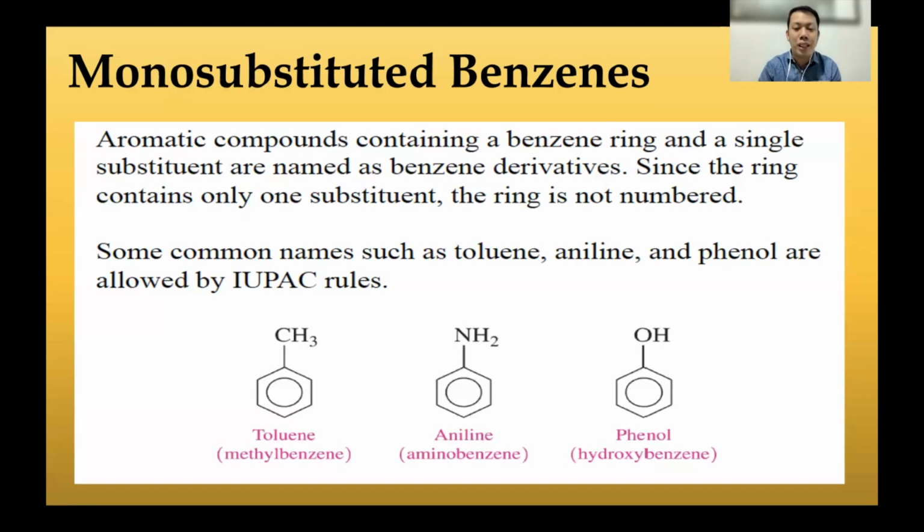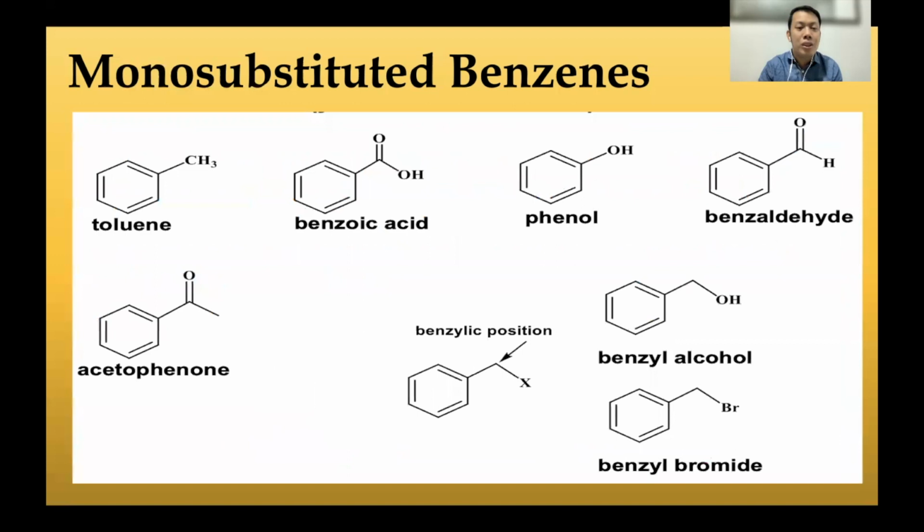All right, so I hope that you can follow. So here are the other examples of monosubstituted benzene. You have there toluene, benzoic acid, phenol, benzaldehyde, acetophenone, benzyl alcohol, and benzyl bromide.